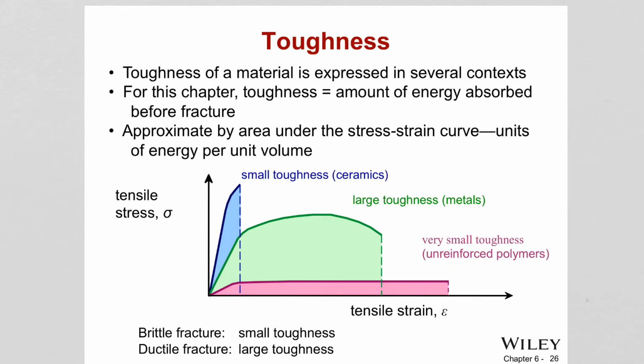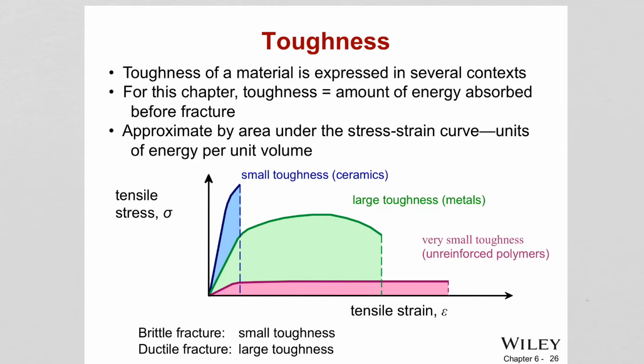By definition, it gives us units of energy per unit volume. If we try to compare, the blue one has small toughness because the blue area is smaller compared to the green curve where the area under it is very large.